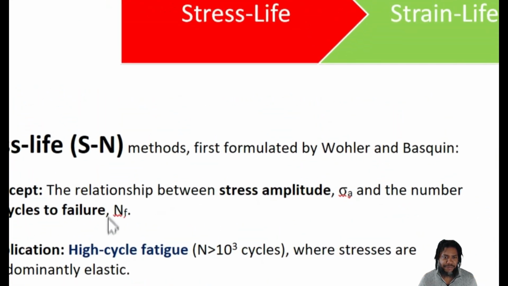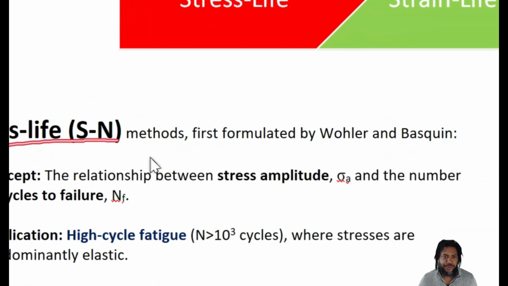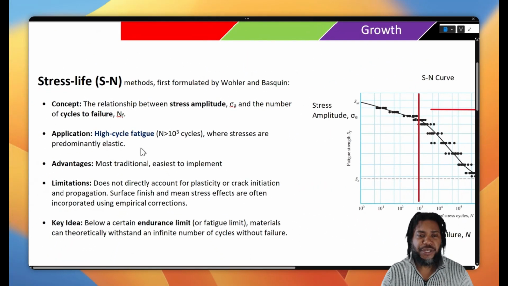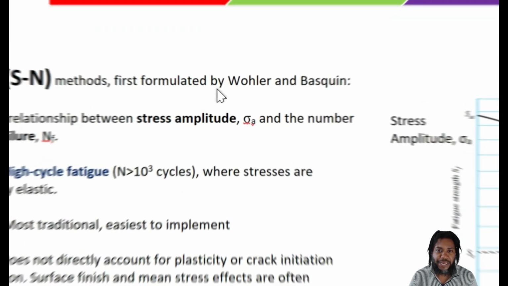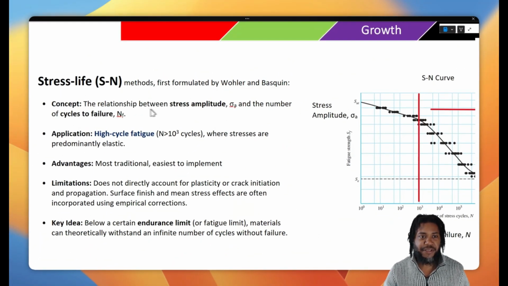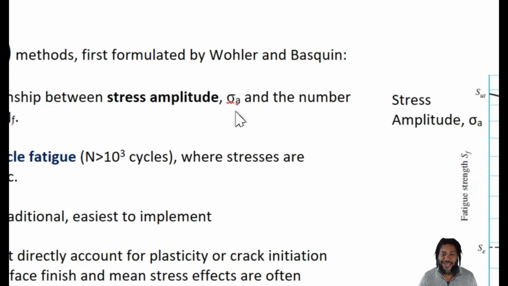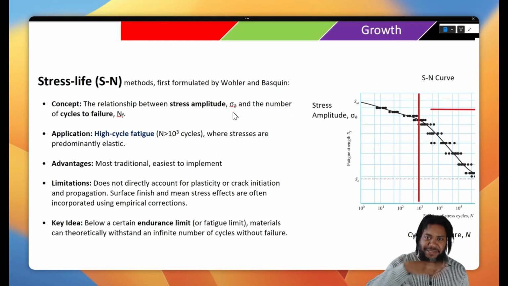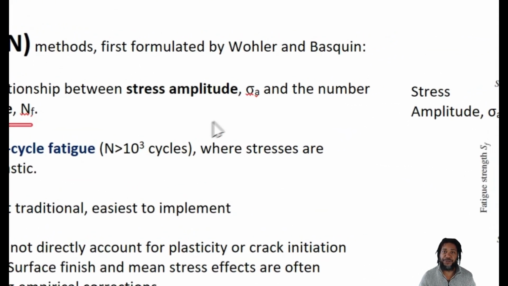Now, our first method, the stress life approach. This was the first method that was developed, originally developed by Euler and Baskin in the early 1900s. In this method, the concept focuses on the relationship between stress amplitude, so applied cyclic stress, and the number of cycles to failure.